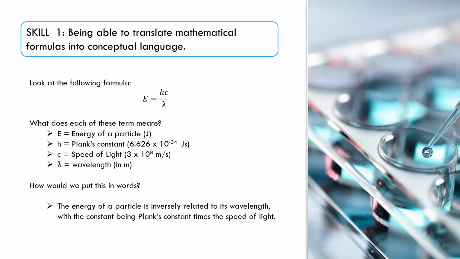This is a very essential skill that you will see again and again in general chemistry and in other chemistry courses, and you will have to be able to take information given to you in a formula and convert it back into English or conceptual language.